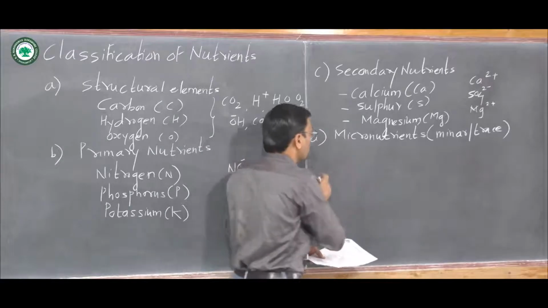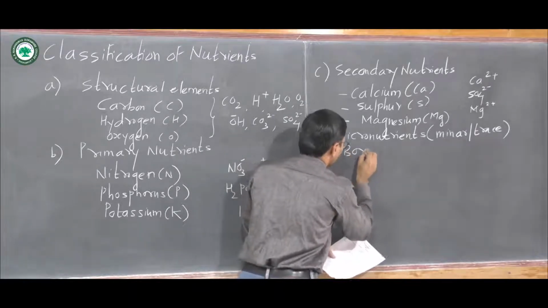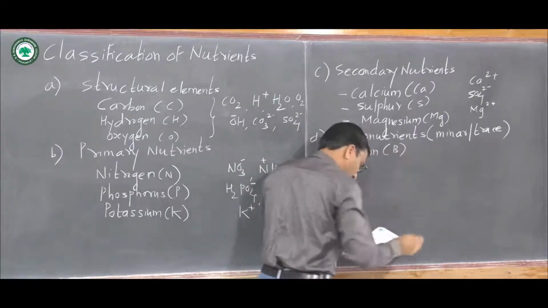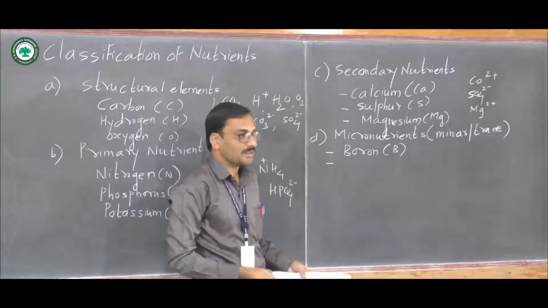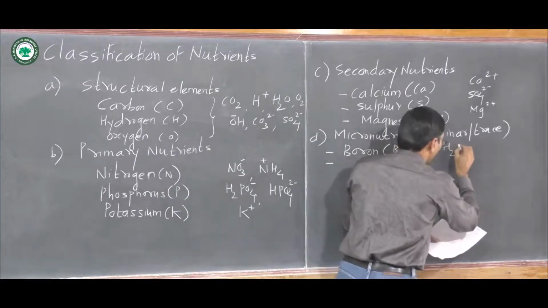Micronutrients include boron, that is B. Boron can be absorbed by the plant in the form of H2BO3-.